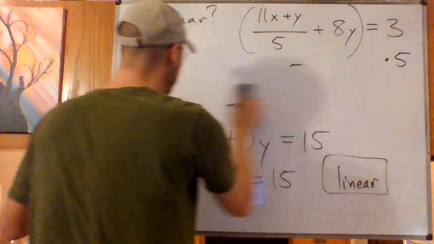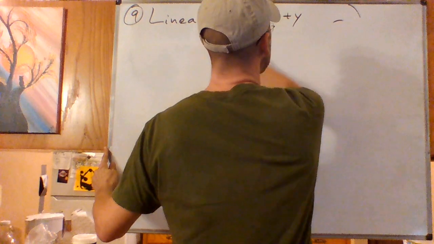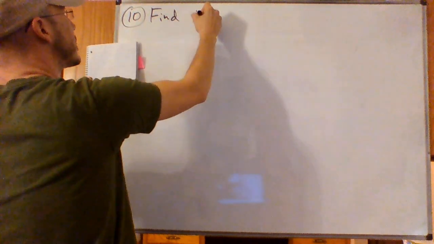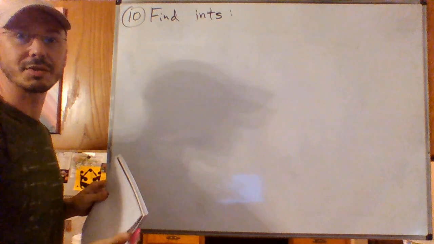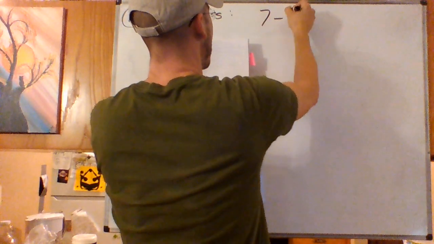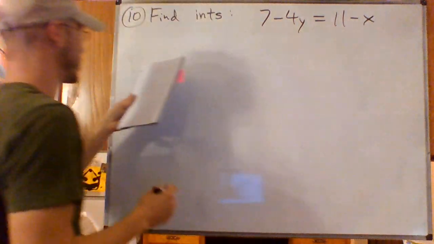And finally, number 10 is another find the intercepts problem. 7 minus 4y equals 11 minus x is the equation.